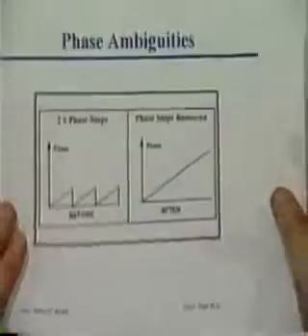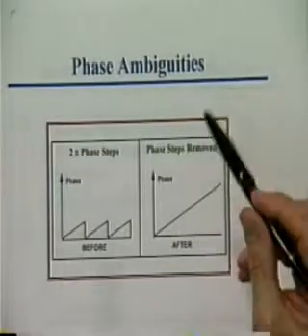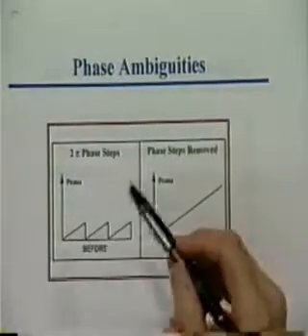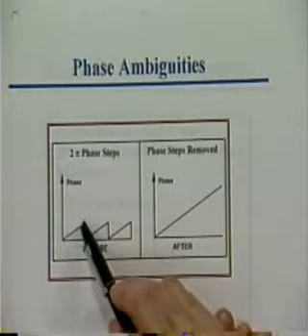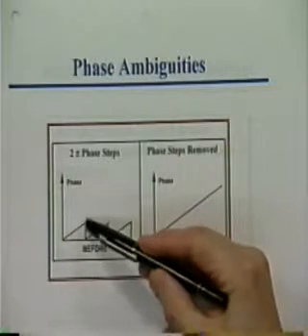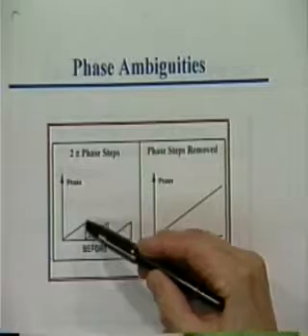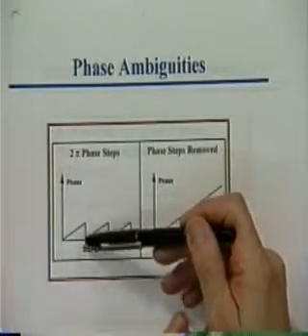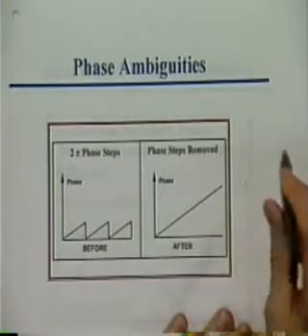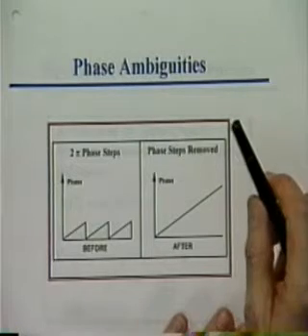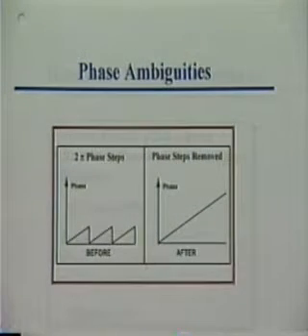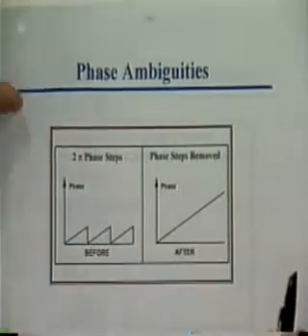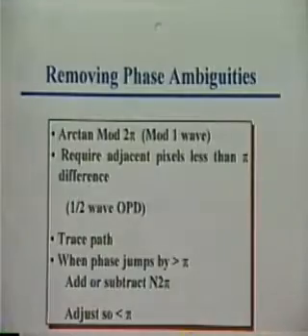And so if I go through here and I look at the phase difference between adjacent pixels, I'm okay until I get right at this boundary. And suddenly the phase difference between adjacent pixels is very close to 2 pi. And I say, oops, something's wrong there, because I had the restriction that I couldn't change by more than pi between adjacent pixels.